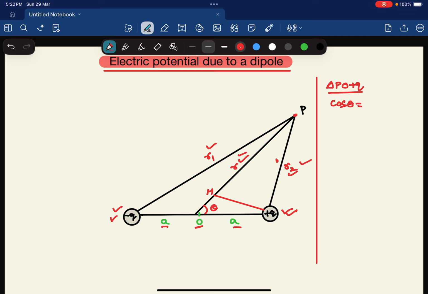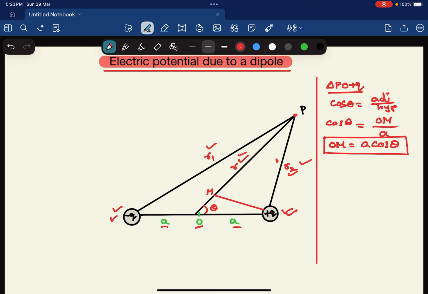So we know that cos theta is nothing but adjacent side by hypotenuse. Am I right? So here, adjacent means OM by hypotenuse means a. So cos theta is equal to OM by a. From this, OM is equal to a cos theta.